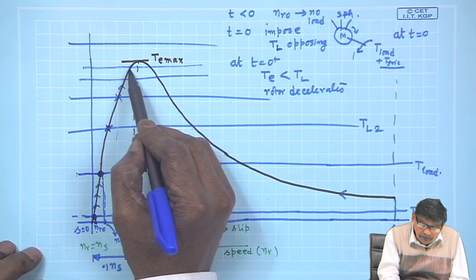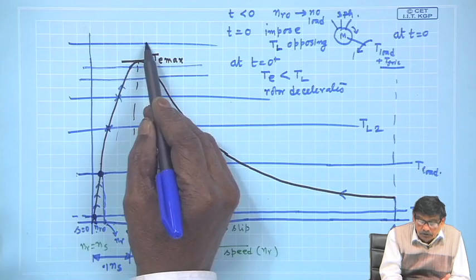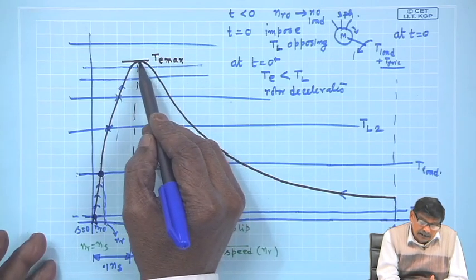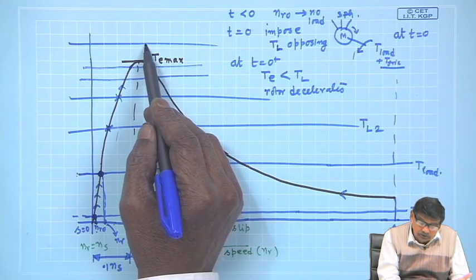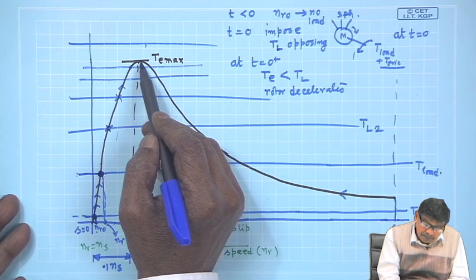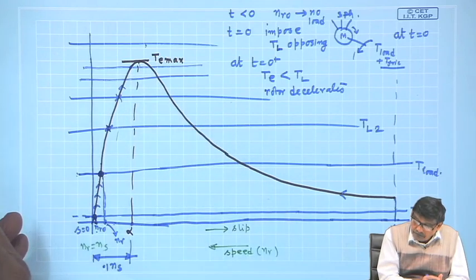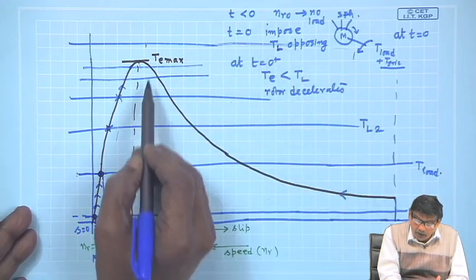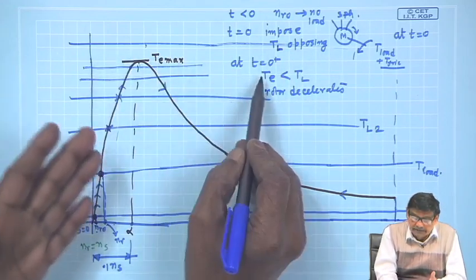Okay, if you are starting from this point, load torque is greater than electromagnetic torque, so the machine decelerates, it comes here. Load torque is still greater than T max, so speed will further decrease, and as you can see the operating point moves like this.